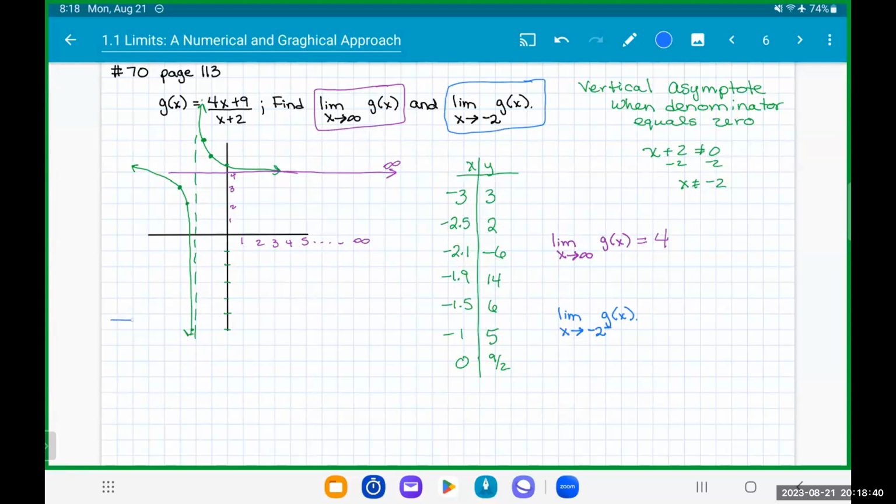As I get closer to -2 from the left, you can see my y value is going to go all the way to -infinity, right? Because as I get closer and closer and closer to that line, my y value is going to be unbounded to the -infinity. So that's not ever going to stop. It's just going to keep going on forever.